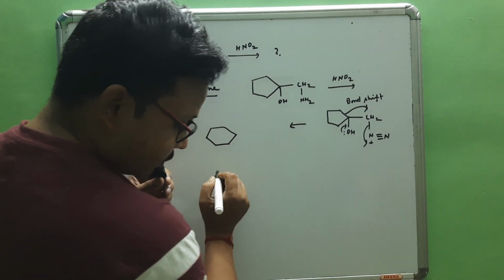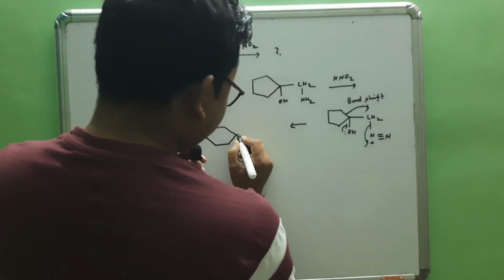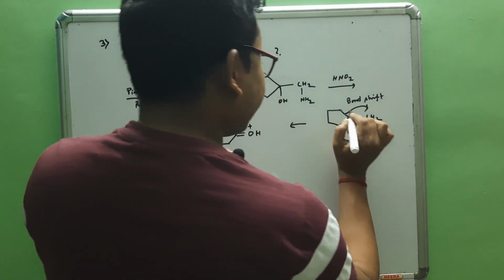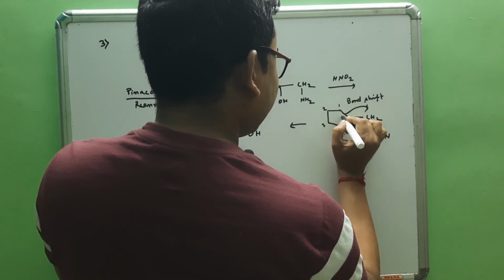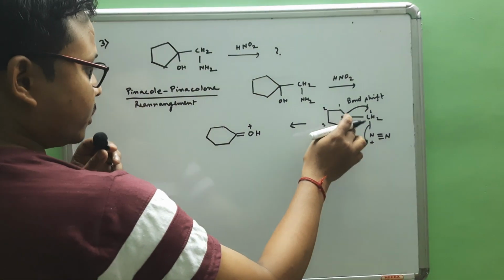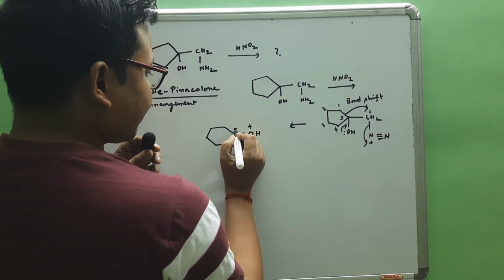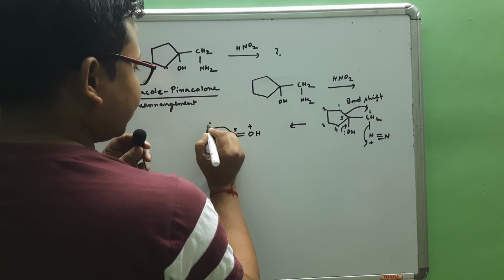Here the OH, if you number these carbon atoms, 1, 2, 3, 4, 5, up to 6. So this is oxygen, the hydroxyl group attached to the 5th carbon atom, and the bond between 1 and 6 carbon atom, so this is 6.